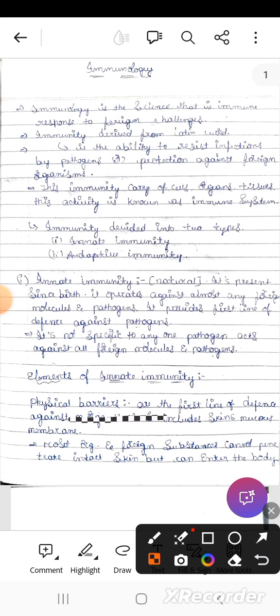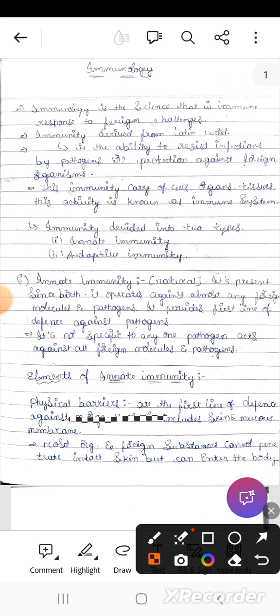This immunity is divided into two types: innate immunity and adaptive immunity. Innate immunity is the natural immunity. It is present since birth.